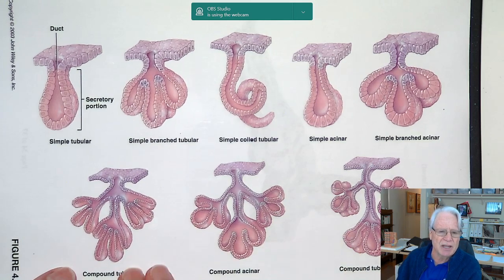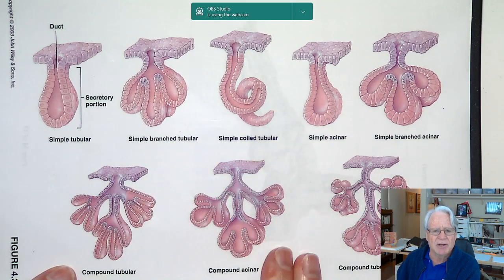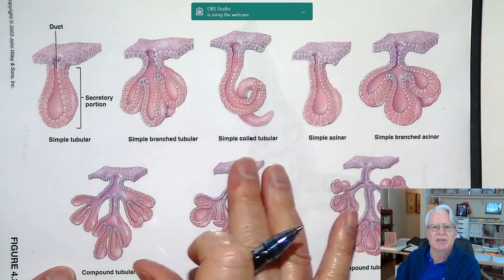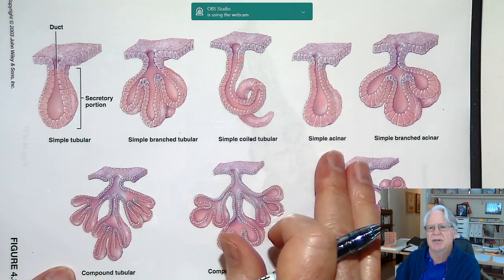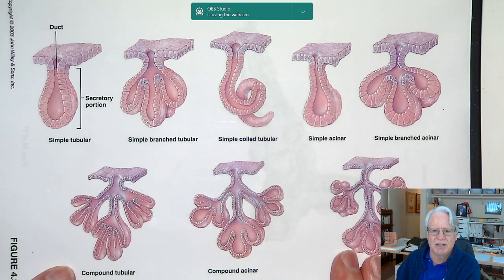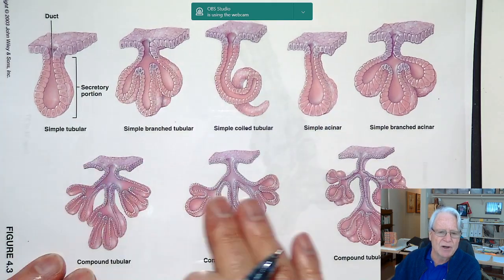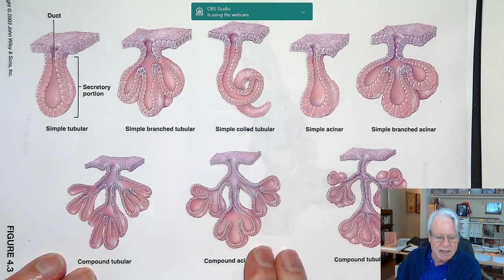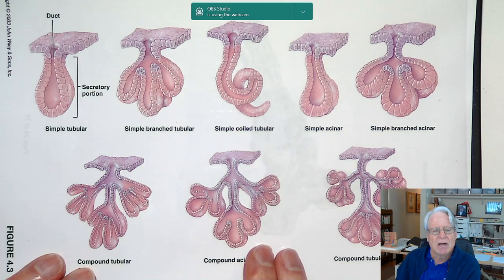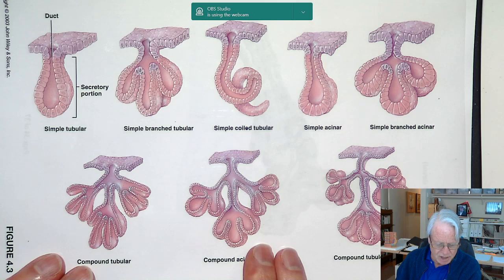Within structural classifications, we can break them down into other subcategories. So simple branched, simple coiled, tubular, simple acinar, all these different ways in which these glands can be broken down. I do not want you to memorize all of these various subcategories. Just know that the structural classification is based on how it looks.